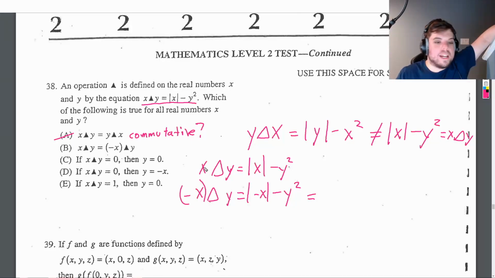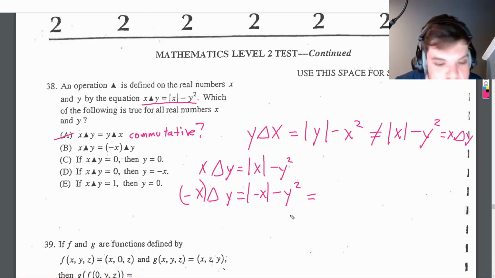well, if x is positive, then x triangle y is, so technically we should separate this into two cases. I'm going to talk about these cases. When x is positive, then x triangle y is x minus y squared, because the absolute value doesn't do anything. It's the same.